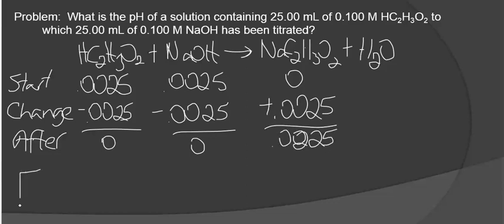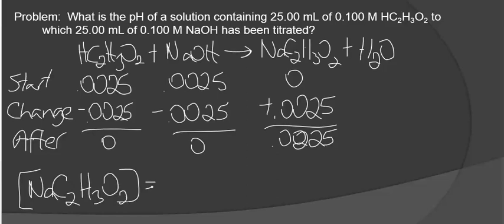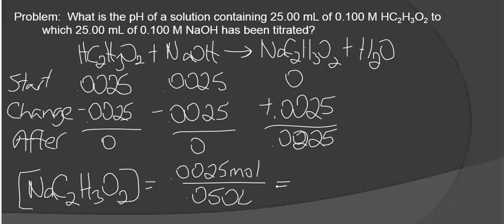I'm going to find the concentration of the salt, sodium acetate. I got 0.0025 moles. Divide by the total volume. The total volume is 50 mL, so 0.05 liters. So the concentration of the salt, 0.05 molar.